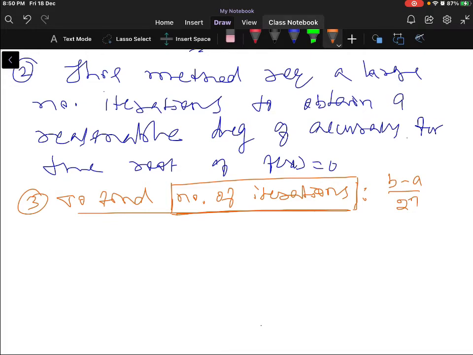b minus a by 2 power n. So this is the length of the sub interval, let us say In, of the interval AB. So let us take epsilon as the error, that is xi minus mn, where xi is the exact root of the equation f of x equal to 0 and mn is the approximate root to xi.